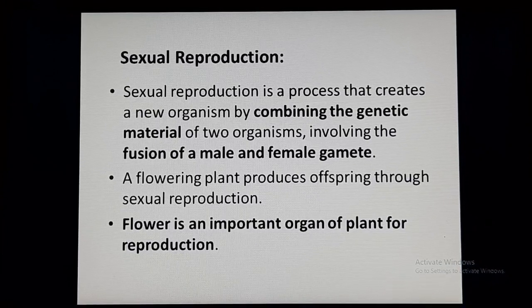And for involving two parents, there must be combined genetic material produced by their fusion. A flowering plant produces offspring through sexual reproduction. So without flowering plants, there is no chance for sexual reproduction. Flower is an important organ of the plant for reproduction.